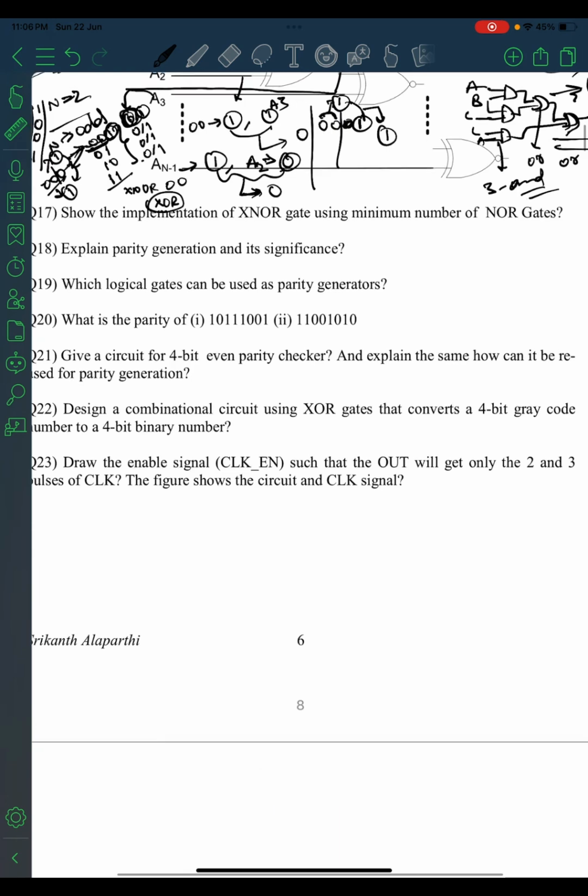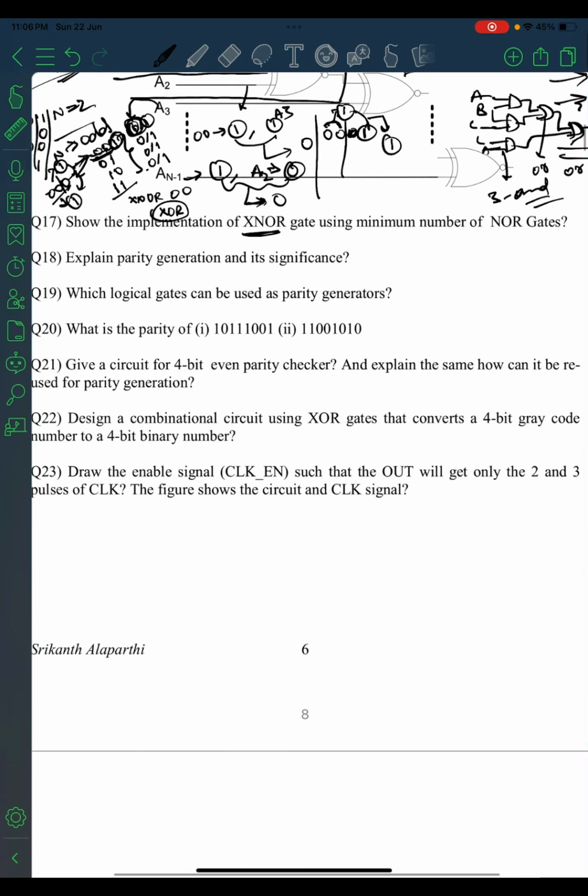Now coming to the 17th question. The implementation of an XNOR gate using the minimum number of NOR gates. This is what I have discussed in the earlier question. Here, AB bar plus A bar B, whole bar, is what an XNOR is.